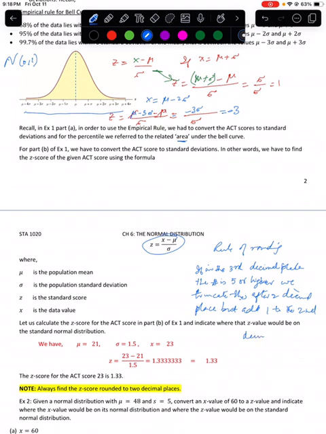If the number in the third decimal place is less than 5, meaning it is 0, 1, 2, 3, 4, then we just stop after the second decimal place. For example, if you have 1.7369 and so on, and you have to stop after 2 decimal places, this is my second decimal place, so I put a line after it. Then I look at the first digit to the right of this line.